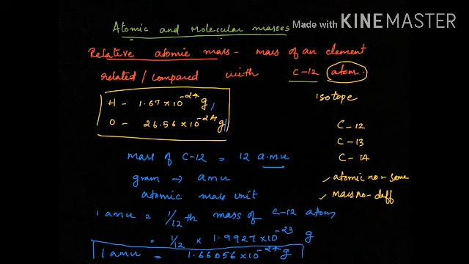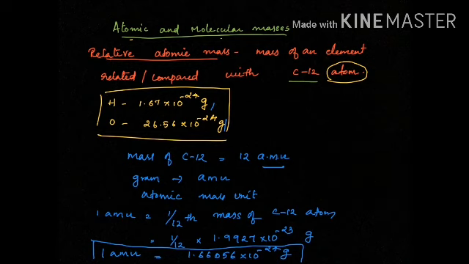So 1 AMU is equal to 1.66056 into 10 raised to minus 24 gram. Now we can find out the mass of the other atoms in terms of AMU.